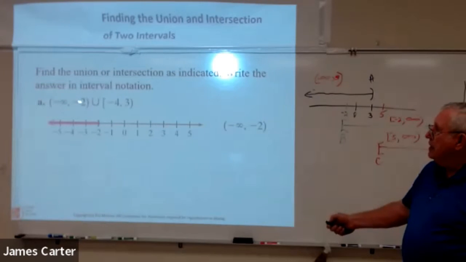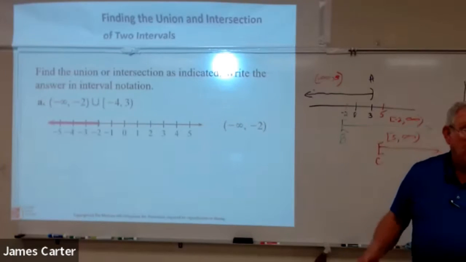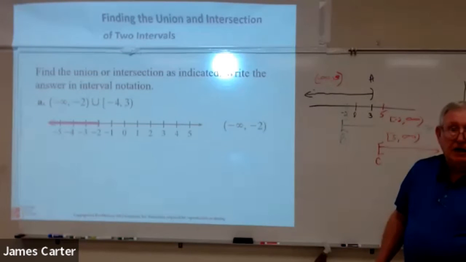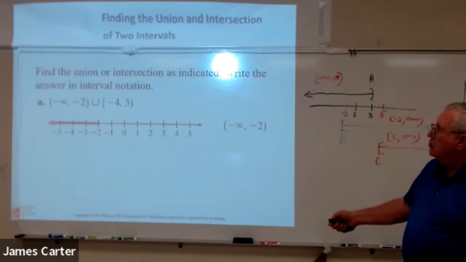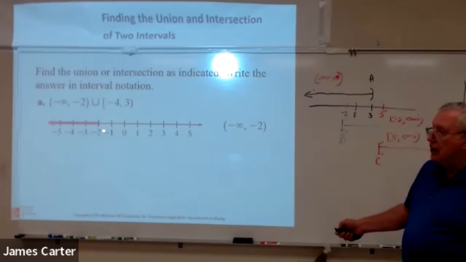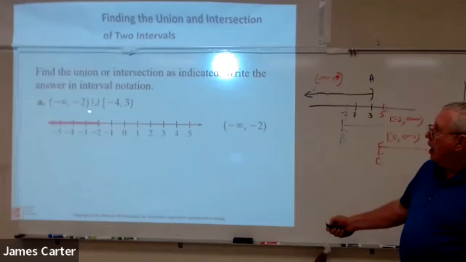If we read this, we're going backwards now to what we were doing before. Before we were taking a set, graphing it, coming up with the interval notation. Now we're translating interval notation into a graph. We've got a non-inclusive -2, and we go from negative infinity to there.